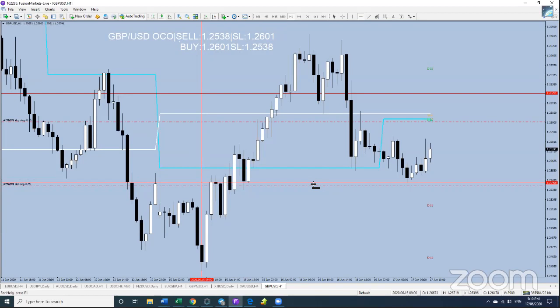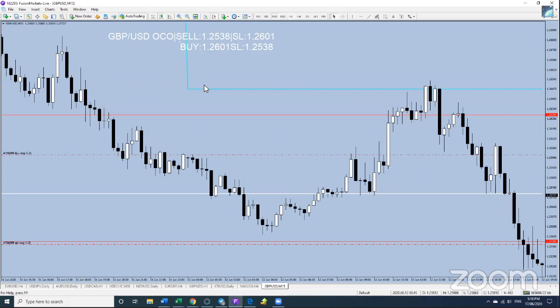For goodness sake. Let's say there. So our entry was there on that level, on that cross. So then as soon as we get entered, we switch to a 15-minute bar chart, or chart, whatever suits you.